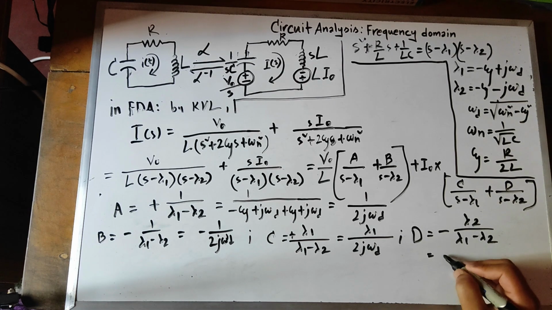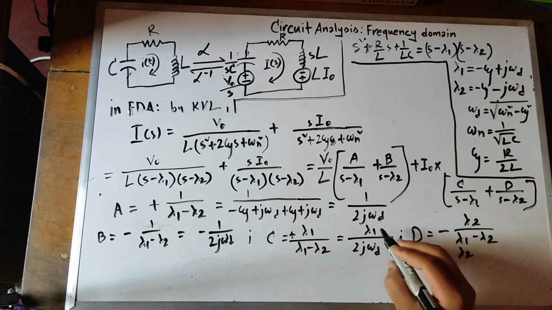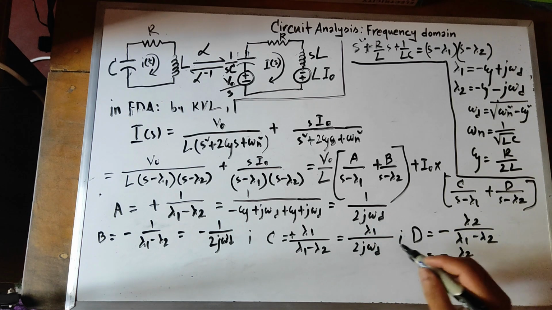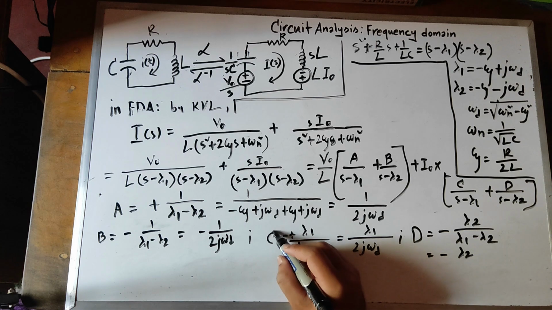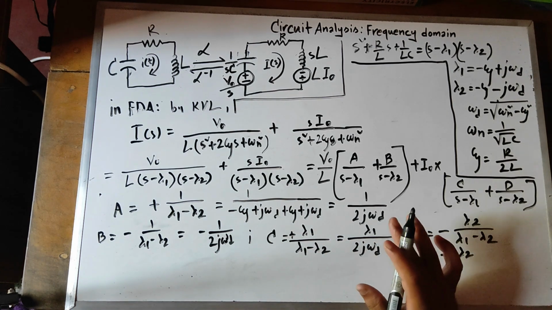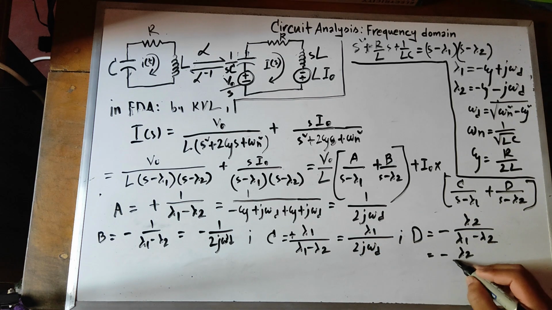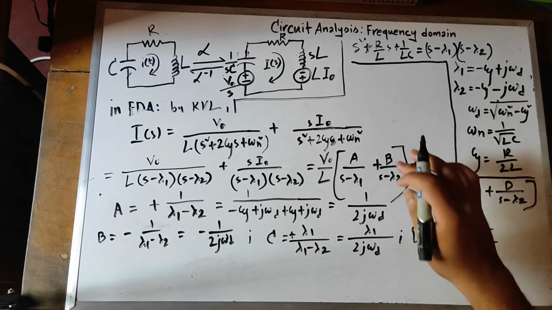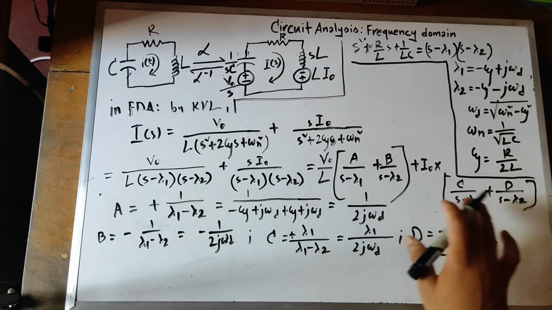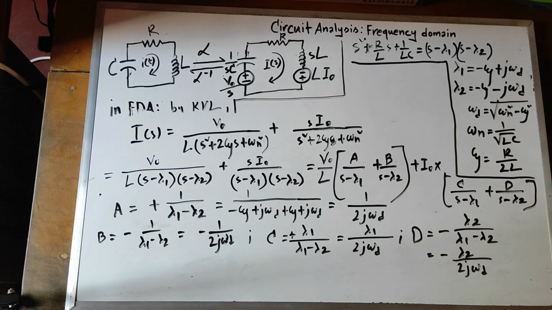For now I am just leaving the lambda 1 in the numerator of the arbitrary term here. I'm leaving B as it is, so 1 by 2 j omega d. We're going to substitute these four terms in this equation and apply the inverse Laplace transform.